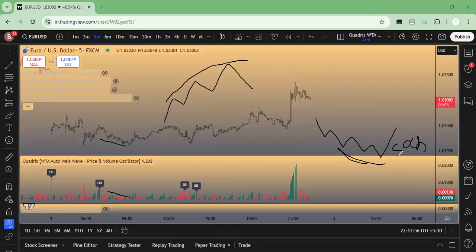The original change of character means when there is a trend shift. If we are going upward, the change of character would be a downward move, in the form of a downward trend. If we are going downwards, the change of character would apply to an upward trend. So here we are coming down.